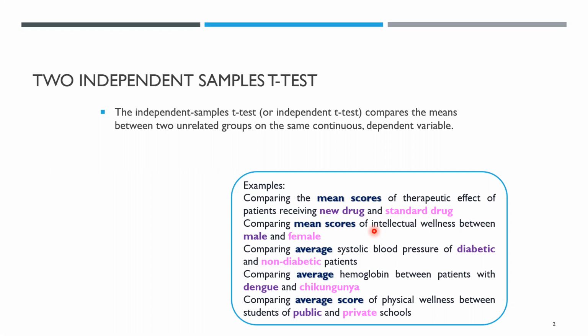Or, for example, we want to compare the hemoglobin level between patients who are suffering with either dengue or chikungunya. Or average scores of physical wellness between students of public and private schools are being compared. In these scenarios, we have to apply the independent sample t-test.